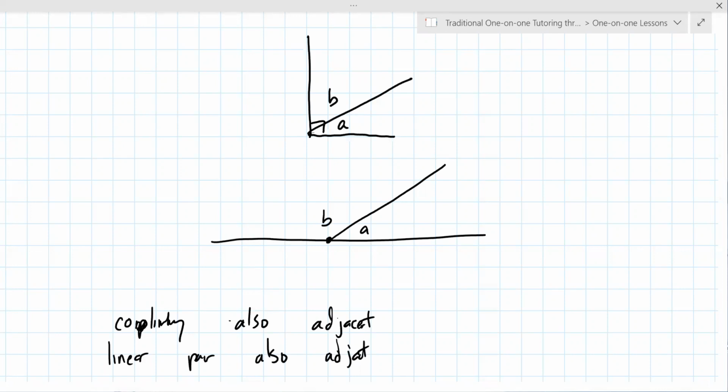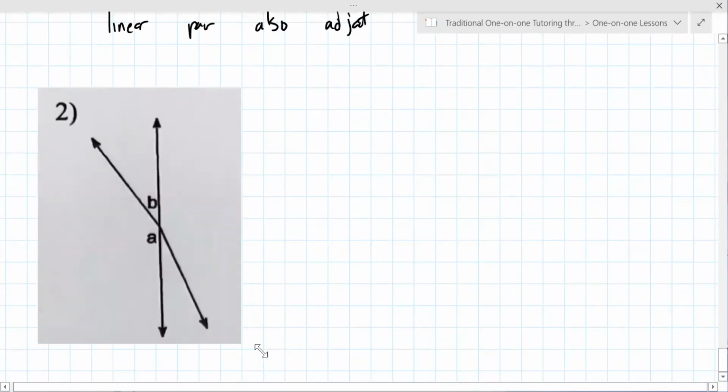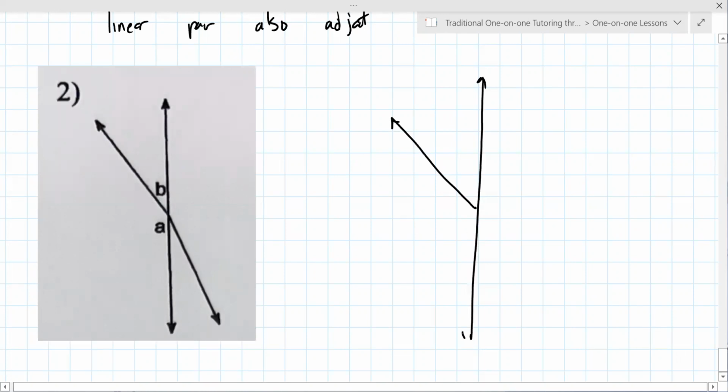And hopefully the next one isn't a violation of this. Like number 2, they share the same vertex. If I redraw this slightly, which I'm not changing at all, I'm just excluding one ray in this diagram, do A and B share a vertex?